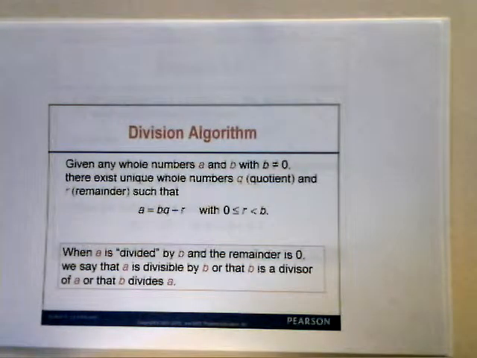When A is divided by B and the remainder is 0, that means that A is divisible by B, or that B is a divisor of A, or that B divides A. Okay?